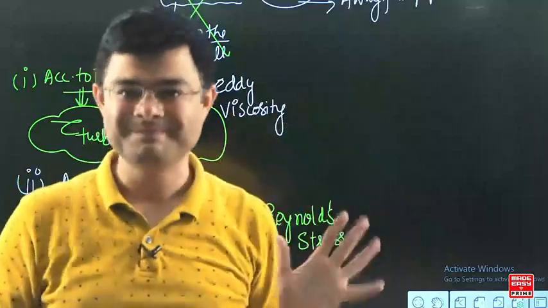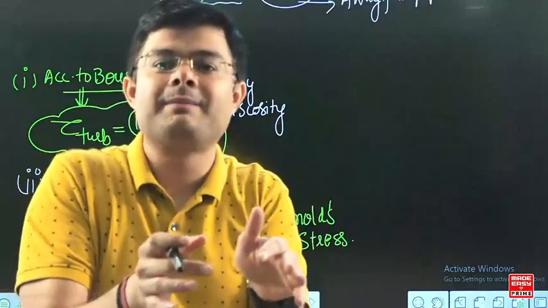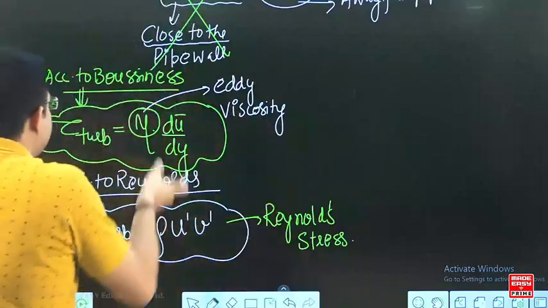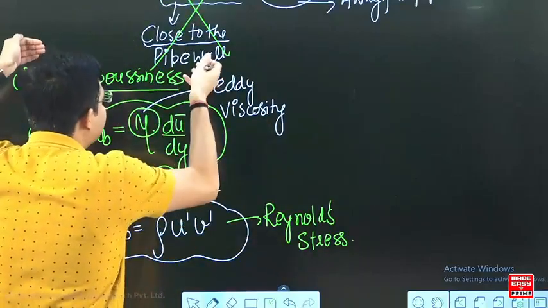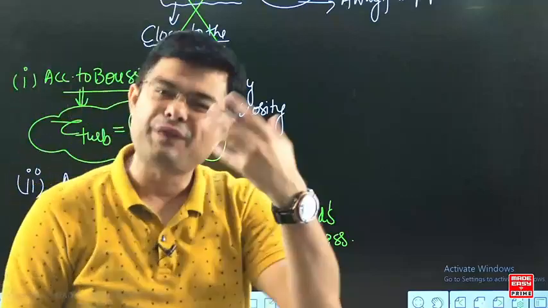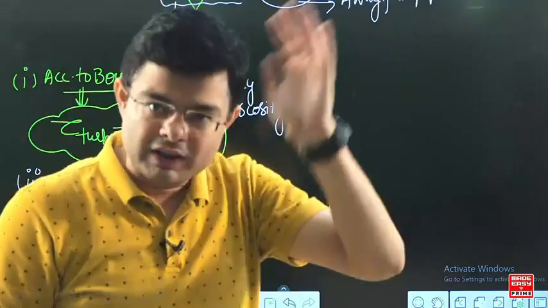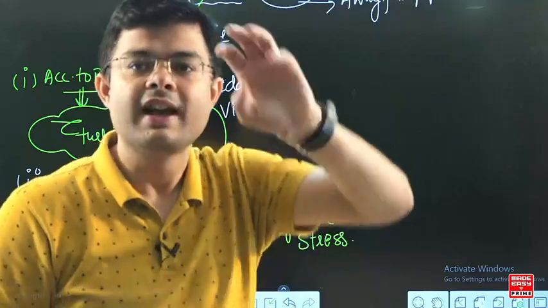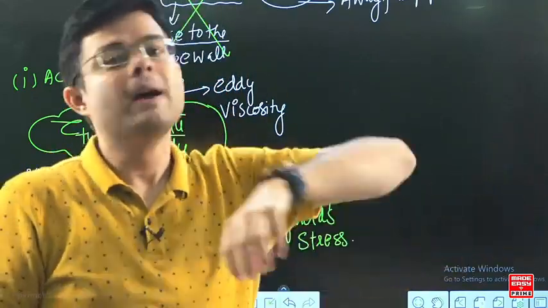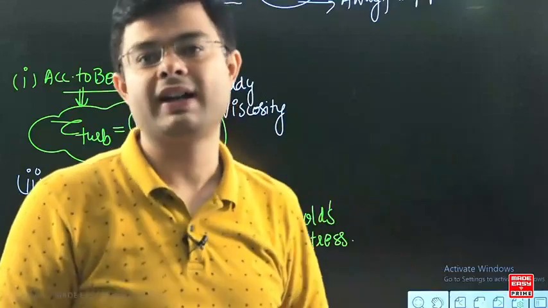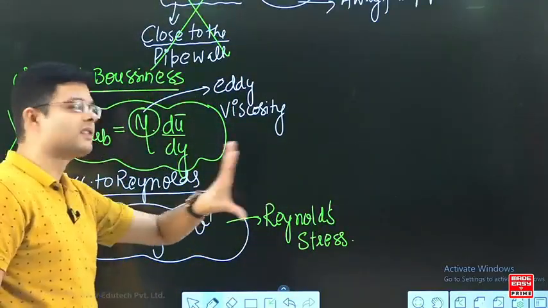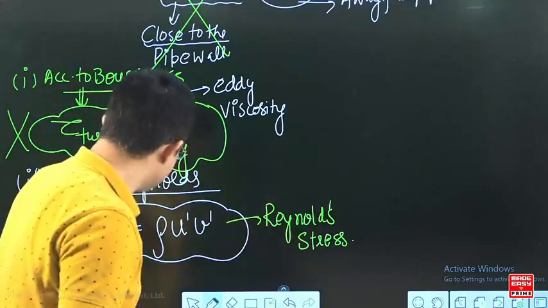Sometimes in standard textbooks it is written that Boussinesq's theory is a representation of Reynolds stresses itself. He wanted to represent the Reynolds stresses in the form of eta, the eddy viscosity, but he failed to do that. That's why this theory was a failure. But yes, Reynolds stresses were there.